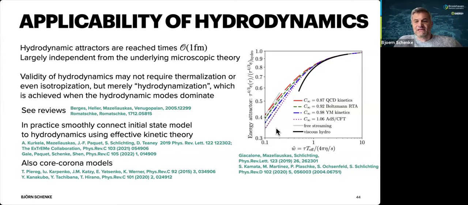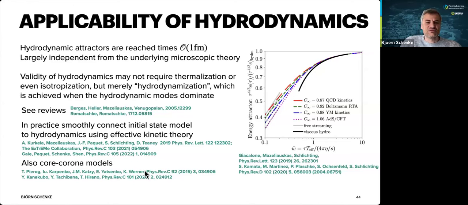In practice, if you're worried about what happens before 1 Fermi, because typically we start at 0.4 Fermi or 0.2 Fermi or so, then you could connect your initial state description more smoothly with your hydrodynamic description by having some kinetic theory or effective kinetic theory model bridge this gap.